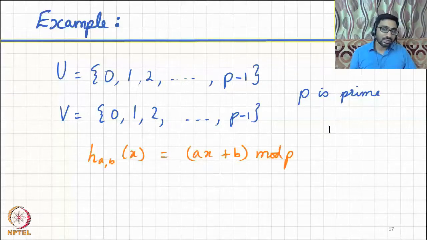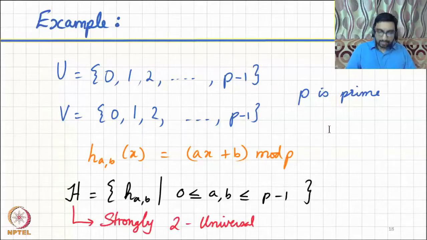Again, we define each individual hash function based on parameters a and b. So h_a,b of x will take the item x and hash it into the location ax plus b mod p. Okay. And this family induced by the various choices of a and b, we can prove is a strongly two universal family of hash functions.